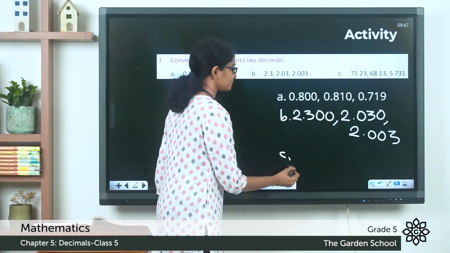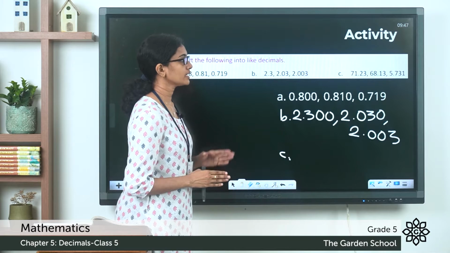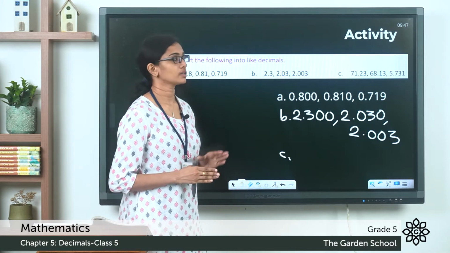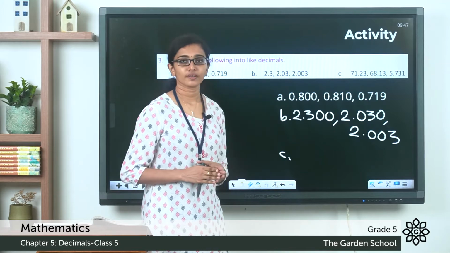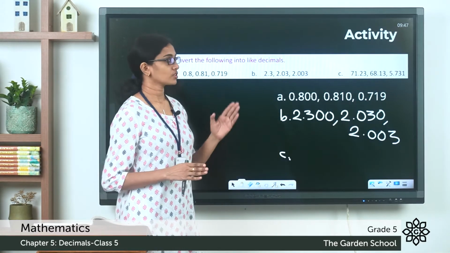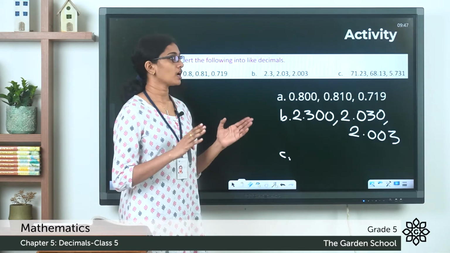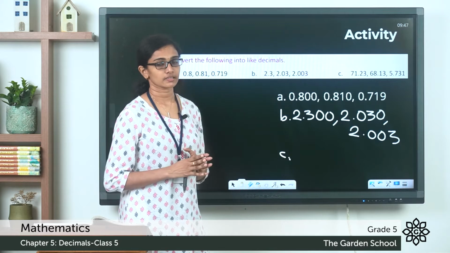Now question C, 71.23, 68.13 and 5.731. So the first two numbers have only 2 digits after the decimal point, whereas in the third number there are 3 digits. So let's make the number of digits after the decimal point 3 in all the cases.